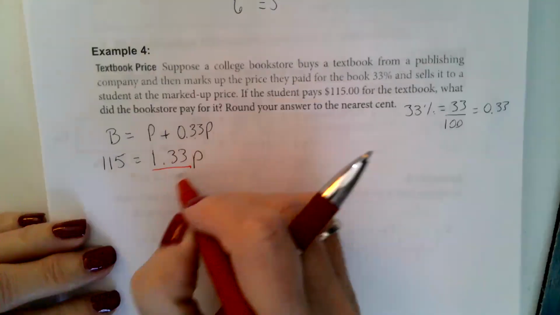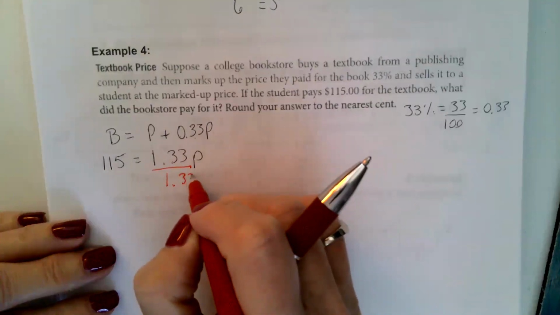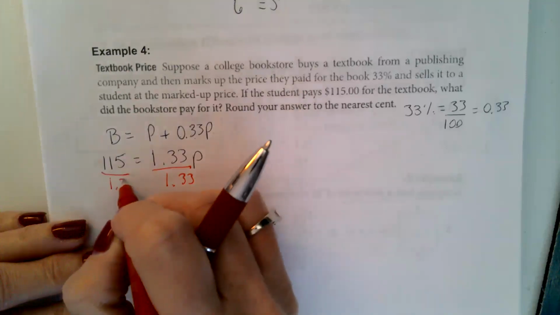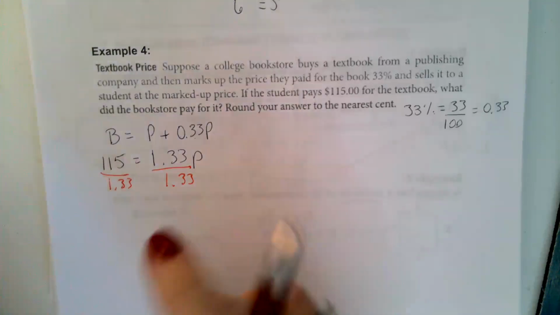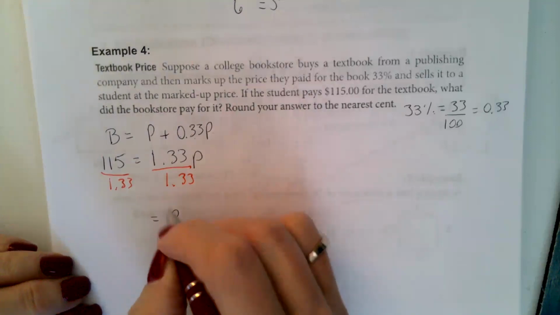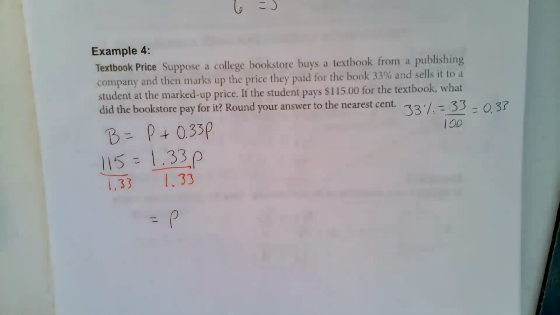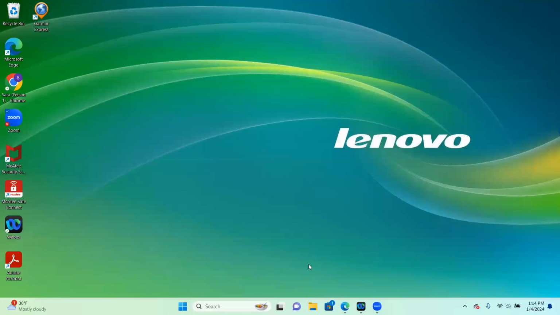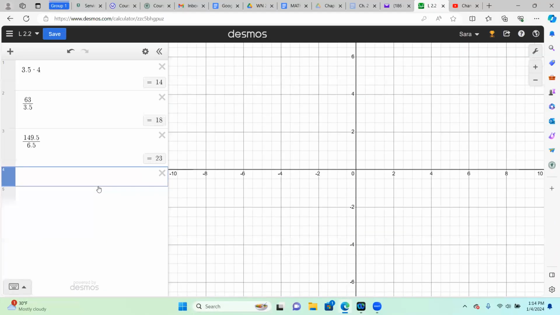So if we divide both sides by 1.33, we should be able to find out what the publisher's price was. So we're going to take 115, I miswrote that, 115 divided by 1.33.